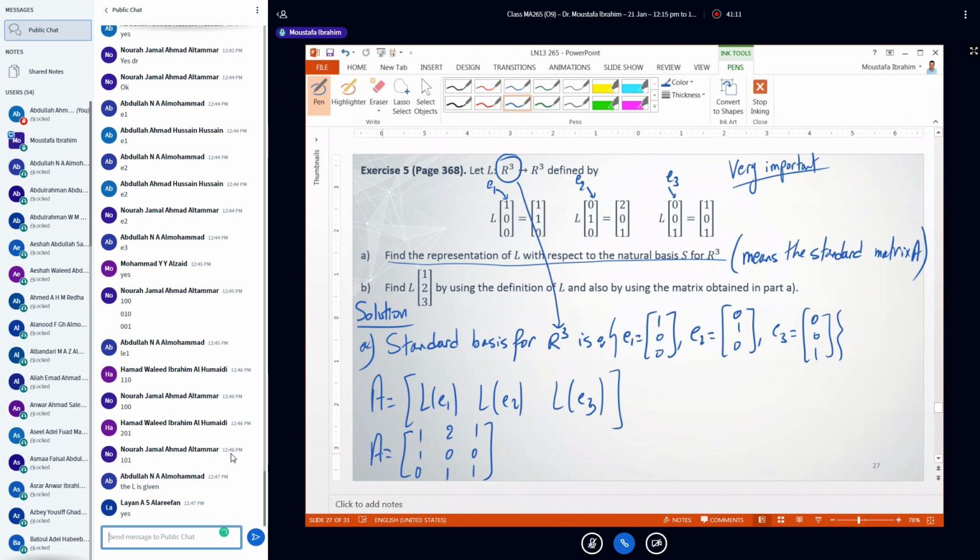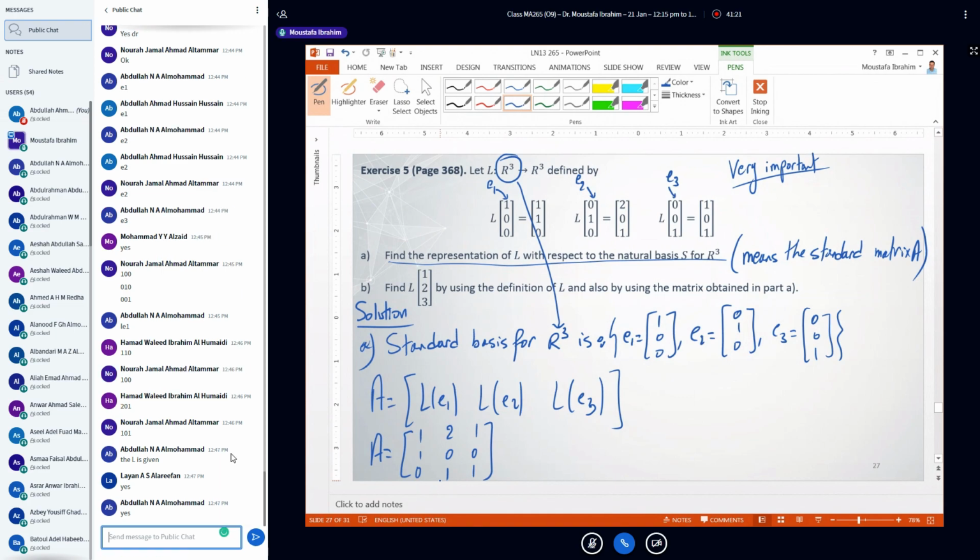Yeah, it's given like this. Here all given, and here the solution. So please take a screenshot. Let's make part B. Okay, let's erase.